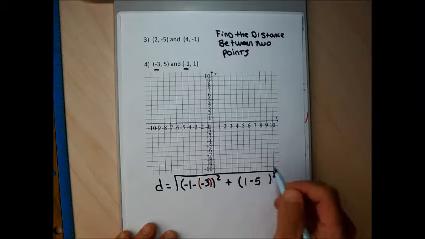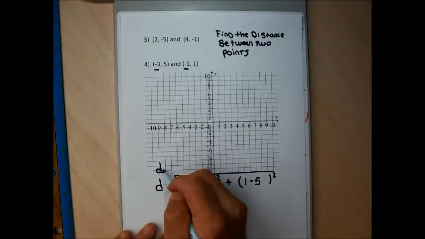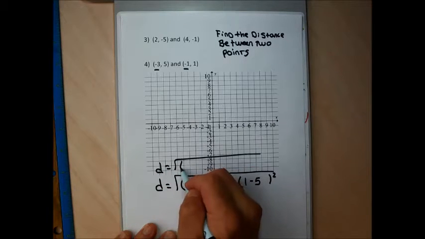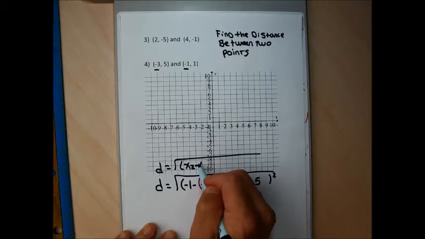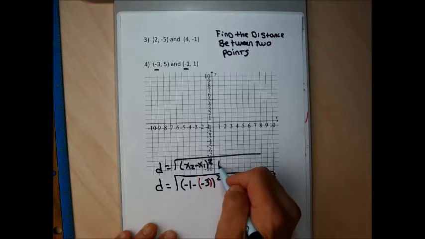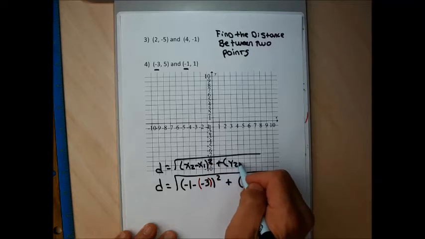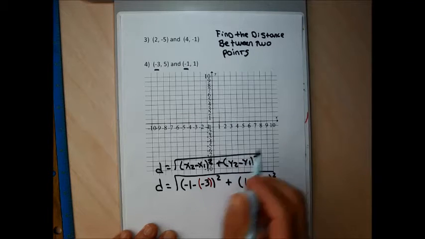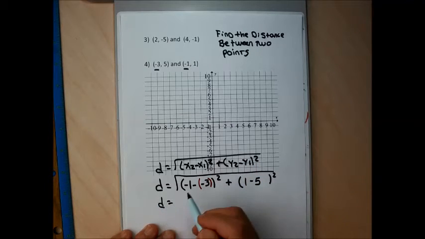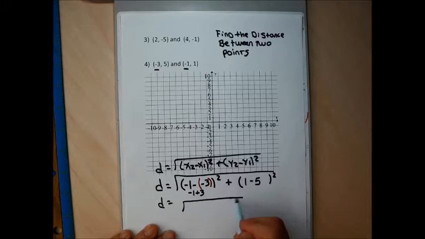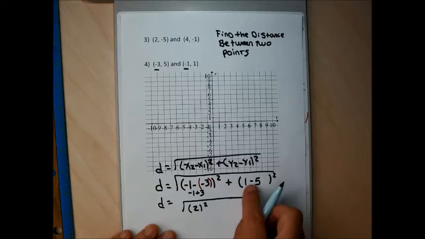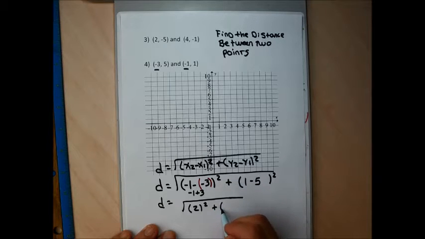So I just use the distance formula of the square root of x2 minus x1 squared plus y2 minus y1 squared. The double negative in this parentheses comes out to be negative 1 plus 3. And that's going to be 2 squared, because negative 1 plus 3 is 2. The 1 minus 5 comes out to be negative 4 squared.